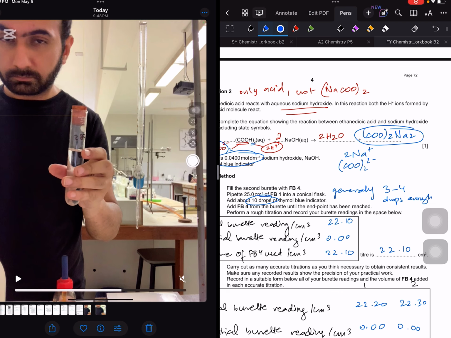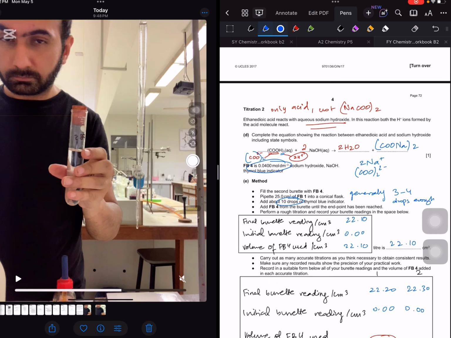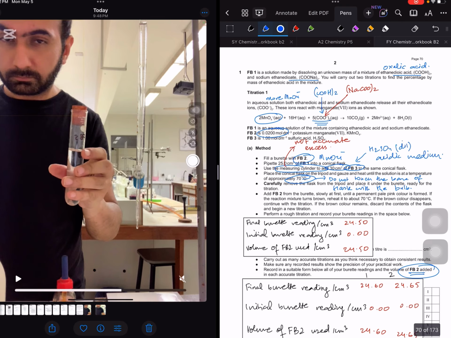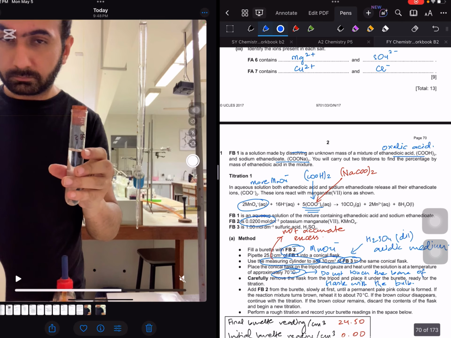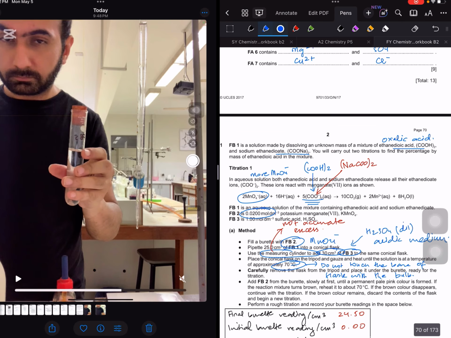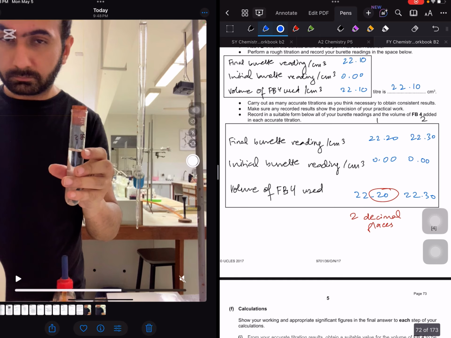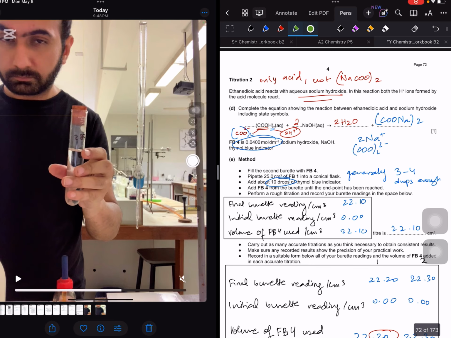So this thing becomes COONa twice. If you are confused with this, just a hint, they've already given you the formula of the salt. So you can put the formula and figure out the balancing. You can see the balancing shows you double mole alkali reacts with 1 mole acid.